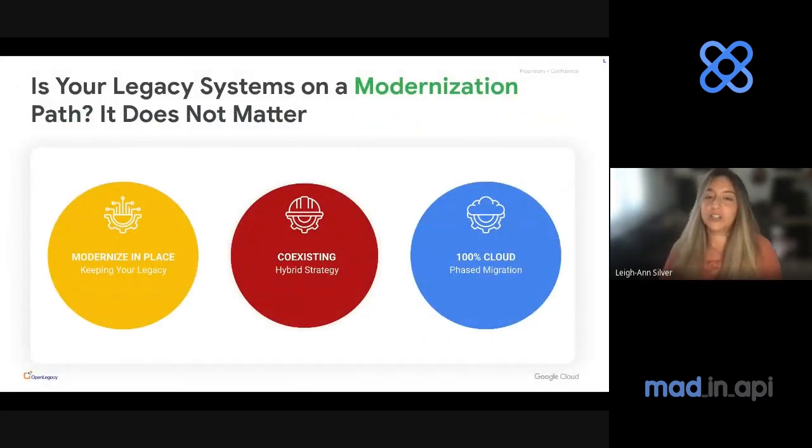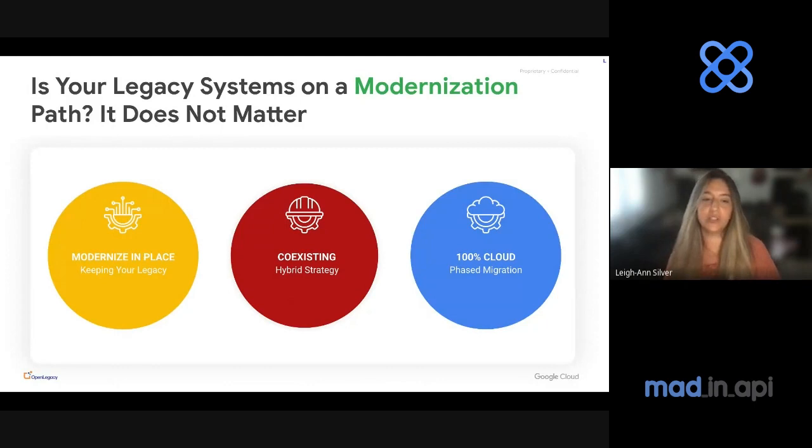And then we're talking about modernization. Everybody wants to do modernization. And we always ask, does your legacy system have a modernization strategy? And the reality is that it doesn't really matter, because from an integration standpoint, and you will understand in just a second, you would have to use integration in any shape or form of strategy that you chose.